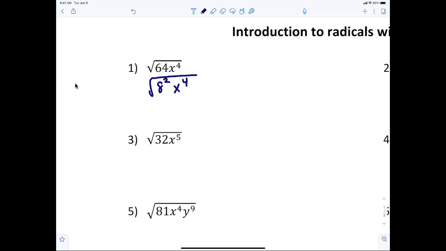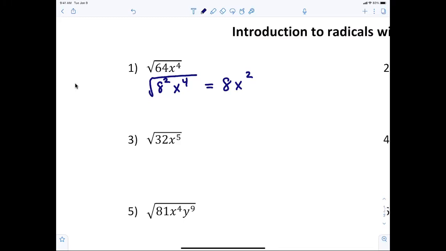How many groups of 2? 1. All right, there is 1. Now, if you have x to the 4th, how many groups of 2 are there? 2. That's why the answer is 8x squared.